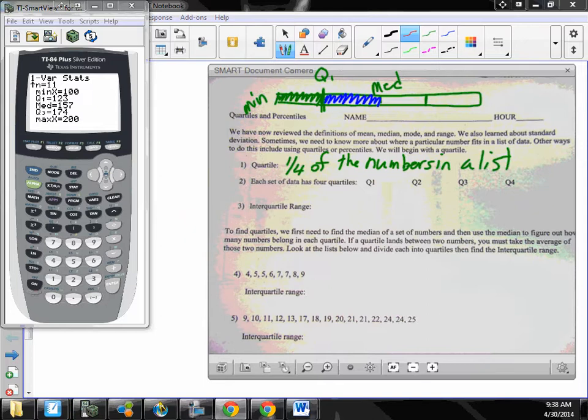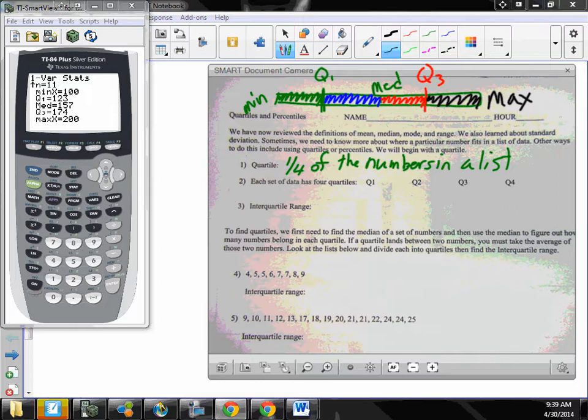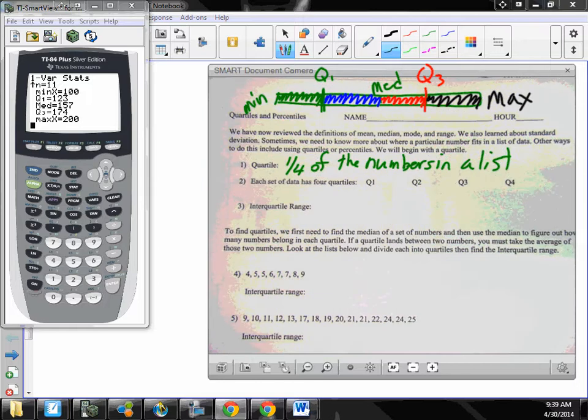Quartile 3 is from the median to this larger division, and we call that larger division Q3. And then the last quartile is quartile 4, and it ends at the maximum. So really there are 5 important numbers: minimum, Q1, median, Q3, and the max.